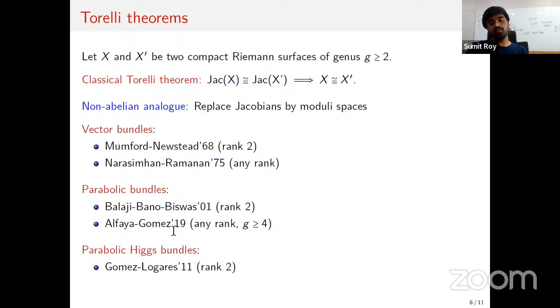We also have a Torelli theorem for principal bundles, which was proved by Biswas and Hoffmann. And for parabolic Higgs bundles, Gomez and Logares proved a Torelli theorem for the rank 2 case. And together with the theorem of Alfaya and Gomez, if you assume that result, then the parabolic Higgs bundle case for any rank is also done.